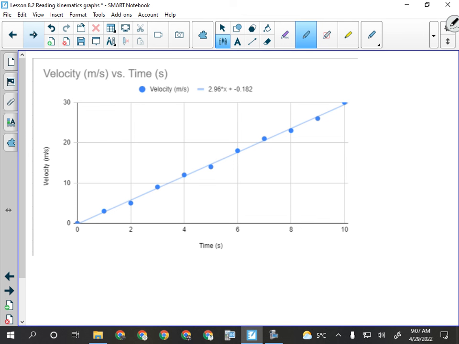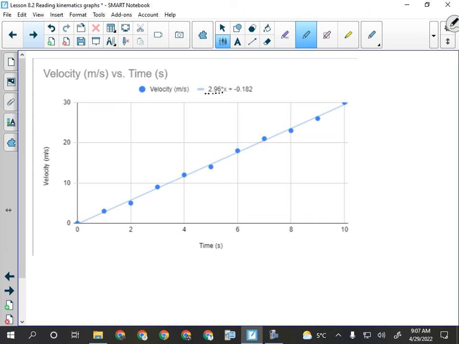It's increasing its what? Speed, velocity, okay? At a constant rate. At what rate? Okay, remember on this graph, the slope is telling us how many meters per second the velocity is increasing by.